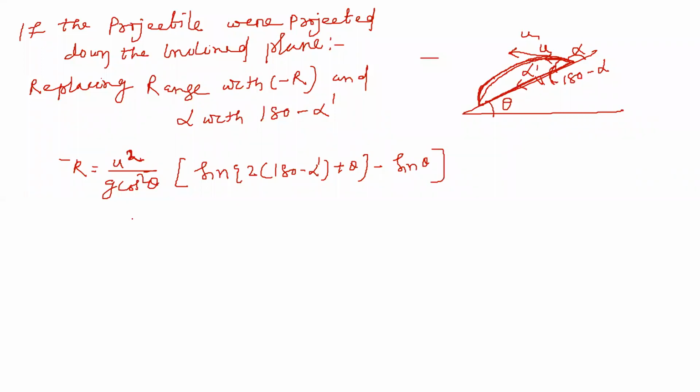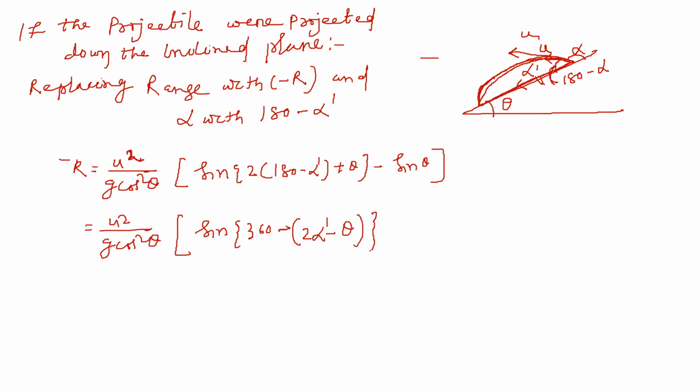Okay, so let's solve this. This is u square by g cos square theta whole into sine 180 into 2, how much? 360. So I can write sine 360 minus, again 2 multiplied means 2 alpha dash minus theta. If I take minus common, then 360 minus 2 alpha dash minus theta, correct? No problem.